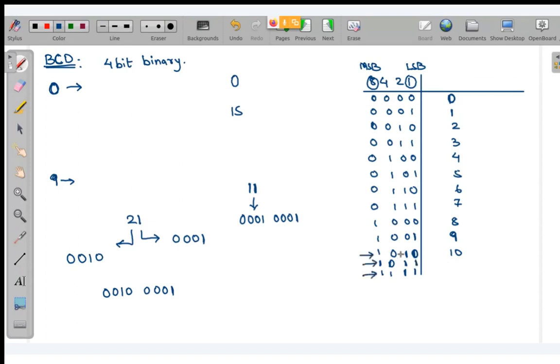So how do we represent this invalid BCD? We represent it with don't care. Don't cares are those conditions in your Boolean expressions which do not occur. Did we understand the concept of don't care?